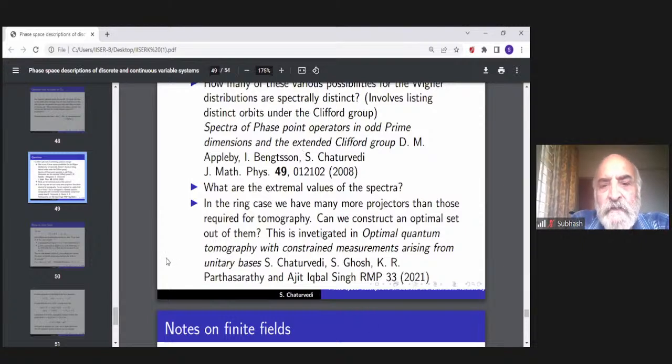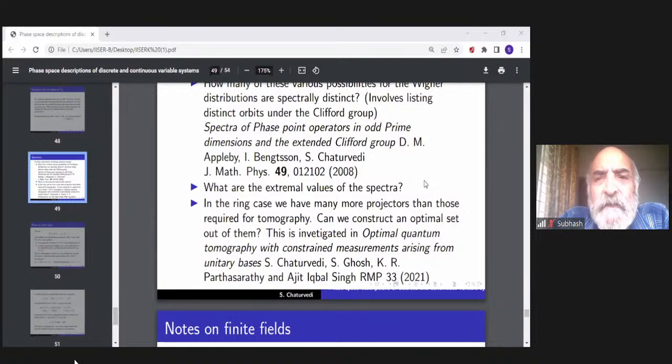It was certainly a very quick review of Wigner functions in the discrete and continuous case.